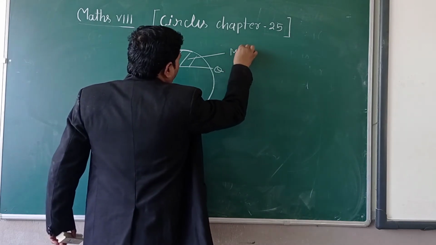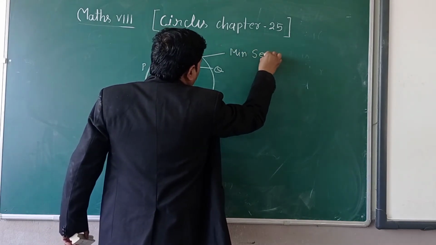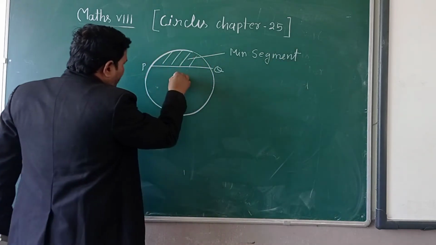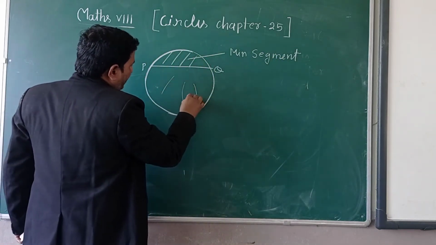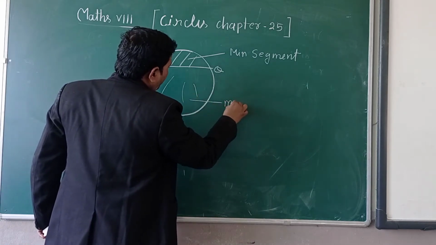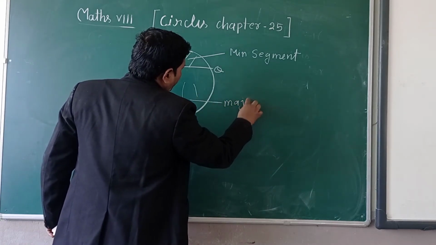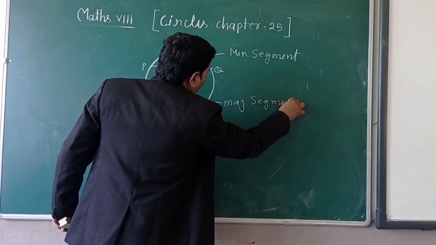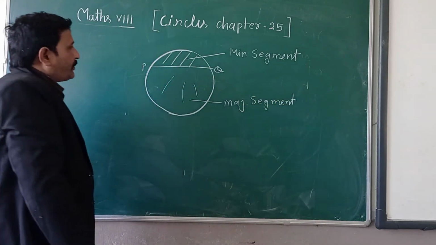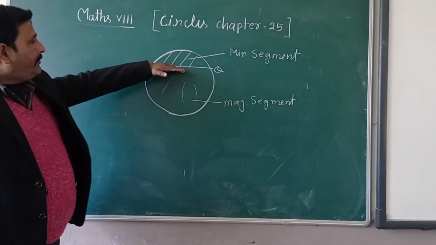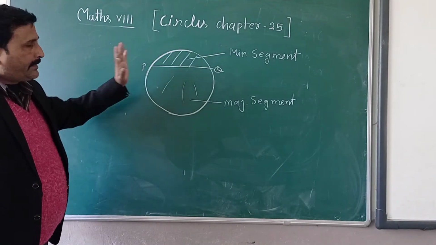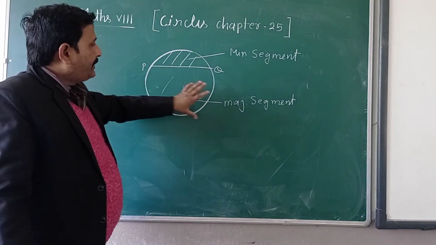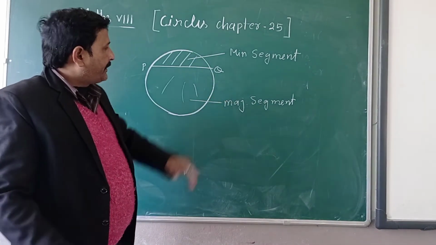This is called the minor segment. This one is known as the major segment. The smaller one is called the minor segment, the bigger one is called the major segment.